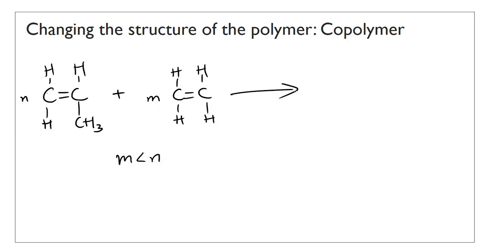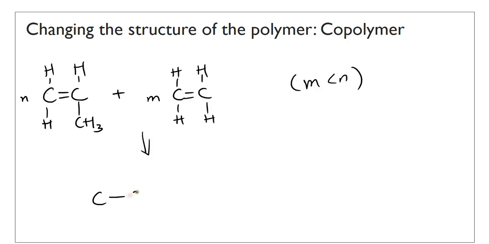So you can have addition polymerization here. Let's just create some more space. You can have addition polymerization between these two, and again, the production process is going to control how and how often the second monomer, the ethene monomer, is going to be added, and what arrangement you want it to be.